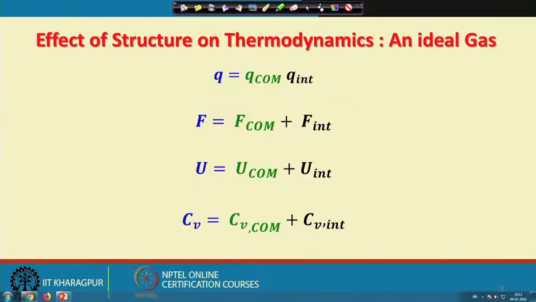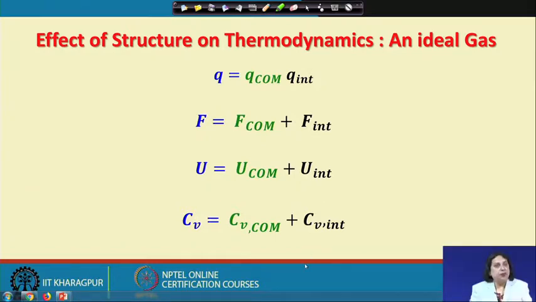So, in classical statistical mechanics, what we are looking at is essentially neglecting this structural part and trying to formulate this single particle partition function entirely in terms of a structureless ball-like particle and how it can be related to thermodynamic properties like U and Cv.